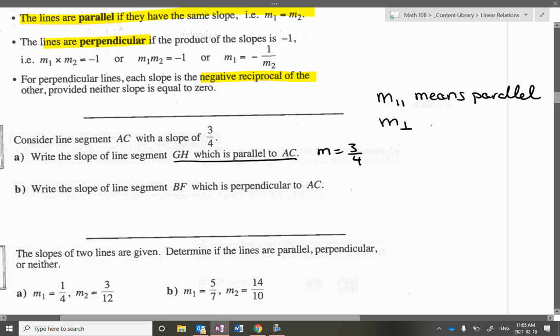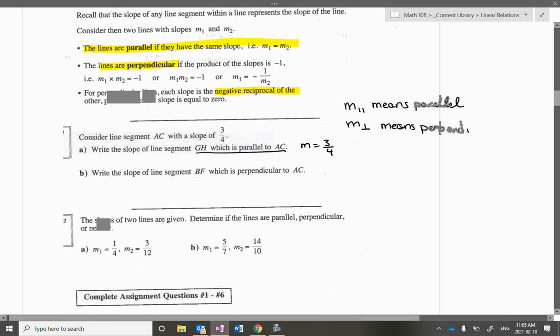Versus if you draw it like that, that means perpendicular. So write the slope that would be perpendicular to AC. I'm going to flip my fraction, so it's going to be 4/3, and I change my sign to negative.